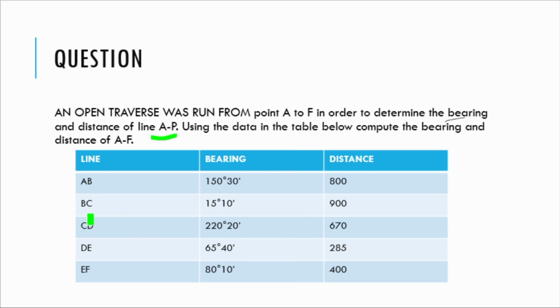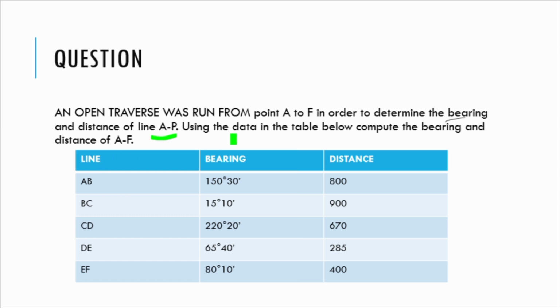From B to C, 1510, distance covered 900. From C to D, 2020, distance covered 670, that is in meters. DE, we have the same. We have been given the bearings and the distance, and the same is done to the last part.